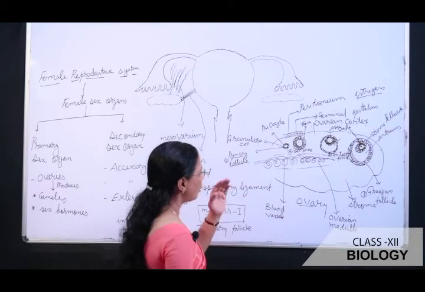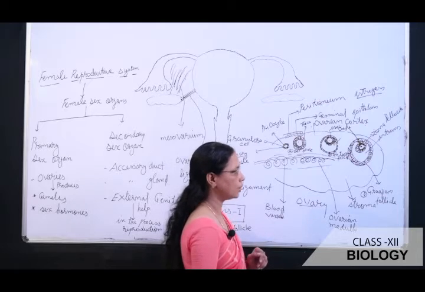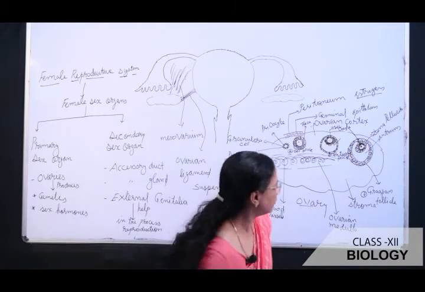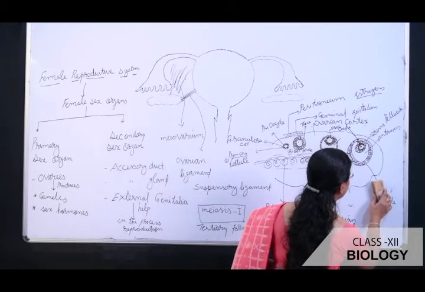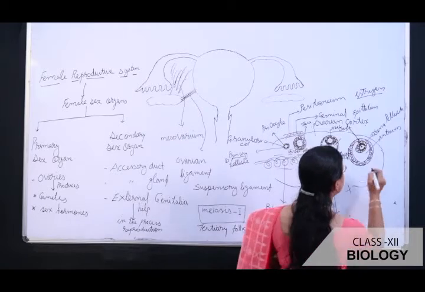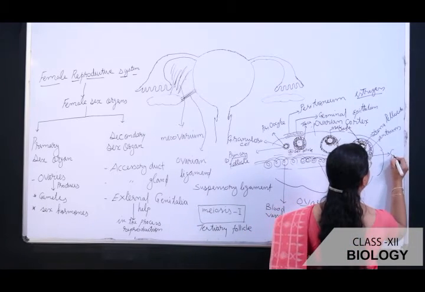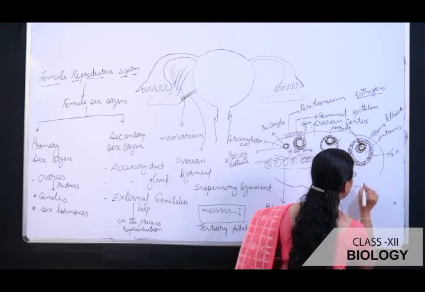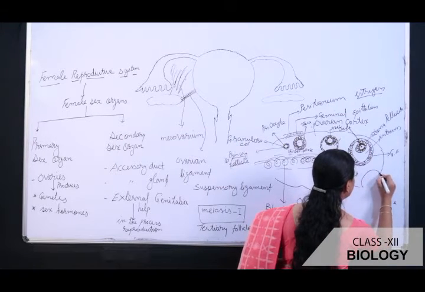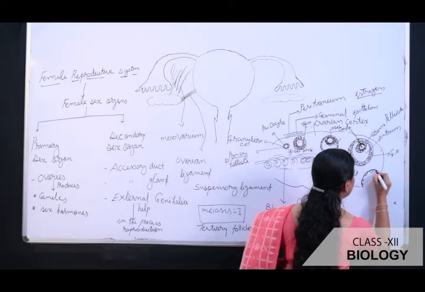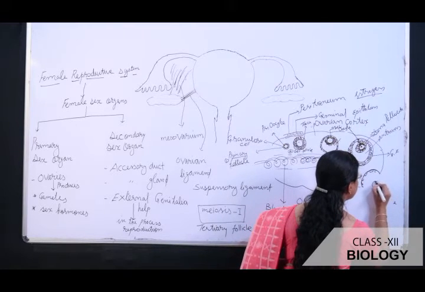Okay. Now what happened to this Graafian follicle? Here the Graafian follicle ruptures and the secondary oocyte is released.